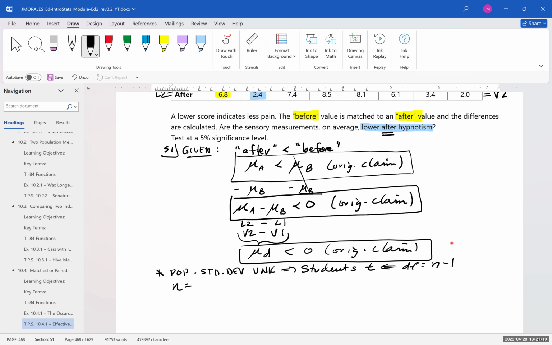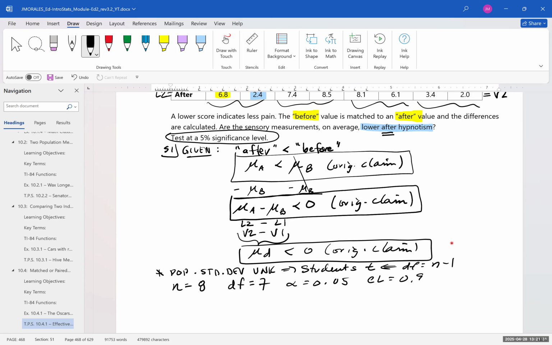Now our sample size, let's see, we've got 2, 4, 6, 8. We have a sample size of 8, which means we're going to have degrees of freedom of 8 minus 1, which will be 7. We're testing to a 5% significance level. So significance is 0.05. Confidence level is 0.95.